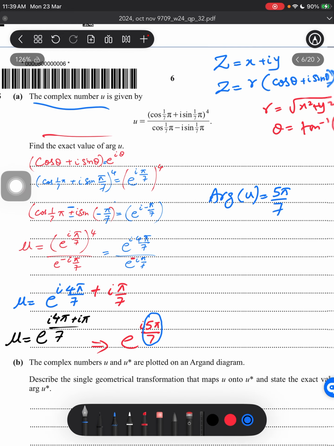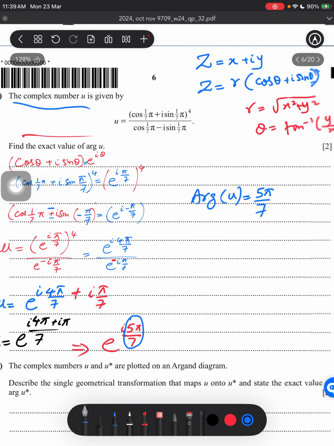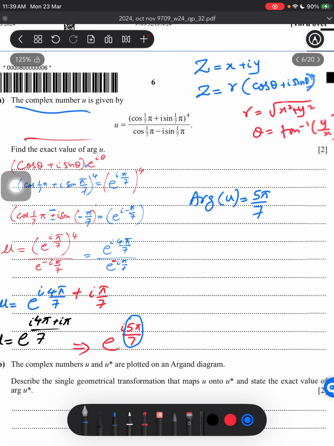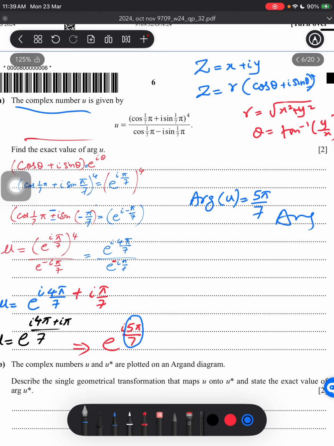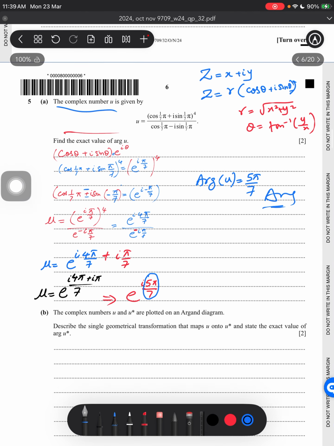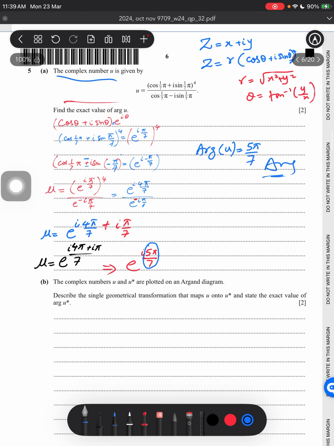This was our answer for the first part, because they are just asking for the argument of u. In the second part, there is the complex conjugate of u.